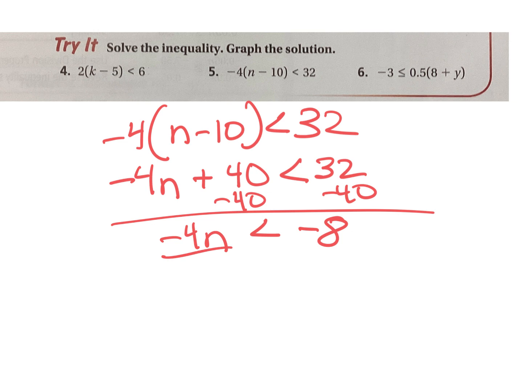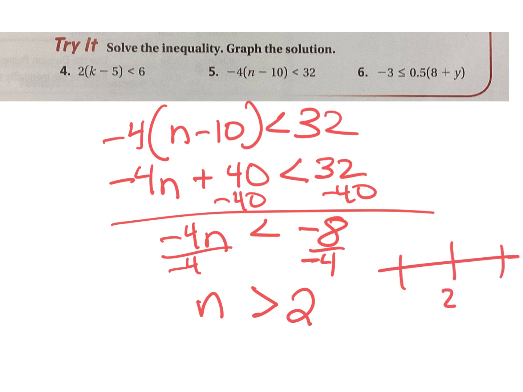Now I want to get rid of this negative 4. I divide each side by negative 4. By doing that, I have to flip the inequality. Negative 8 divided by negative 4 is a positive 2. And when I graph it, it can't be 2. It has to be everything greater than 2. So let's try 3.